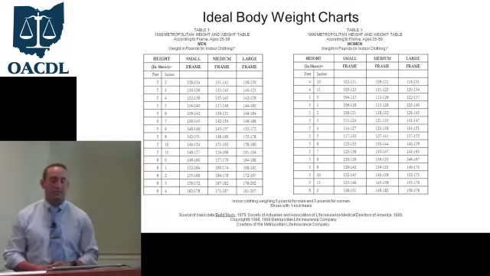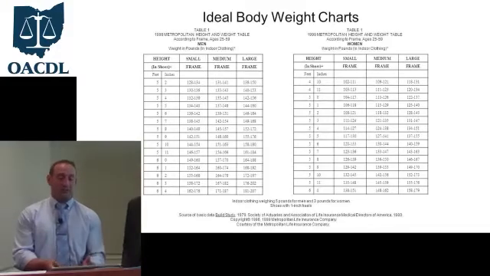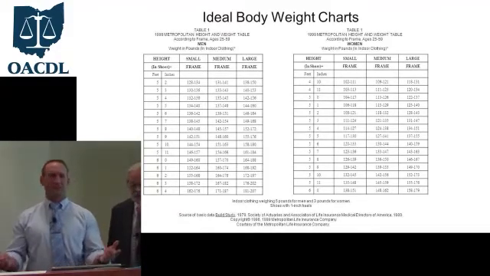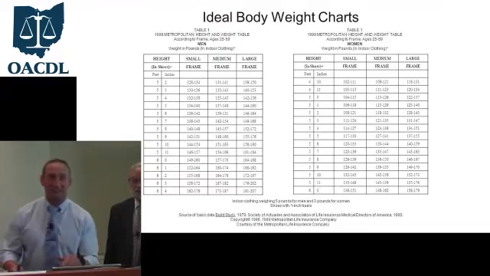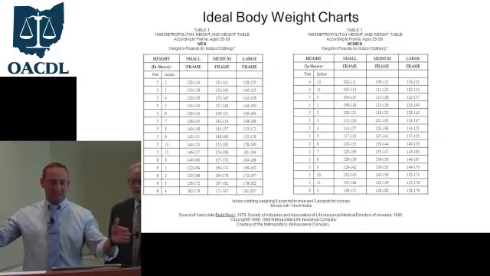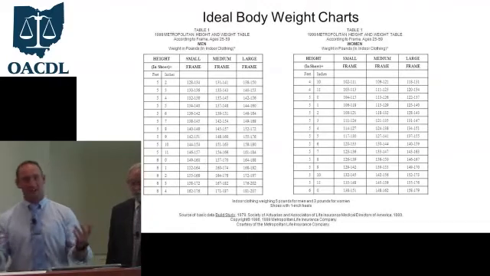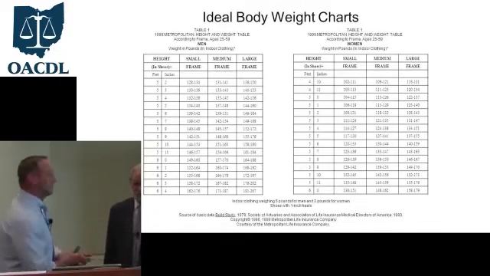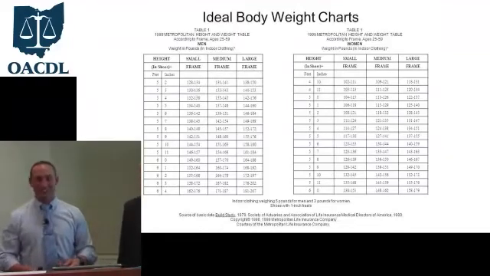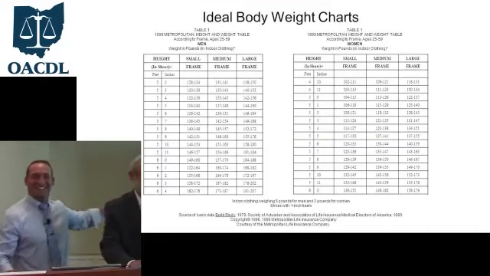Now this is published, easily found on the internet. It's one of my favorites. I've tried to find a number of these. Sometimes this is divided between men and women. If you look on the internet, you can find ones where they combine the two, and then you get these nice ranges of what's average, what your average weight's supposed to be. So the reason I like this one is nearly anybody can be 50 pounds overweight. You just have to work at it.